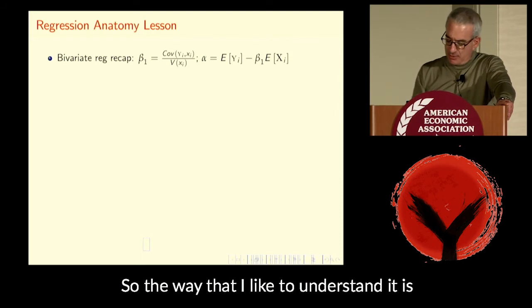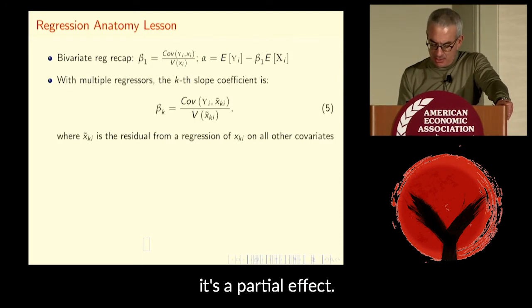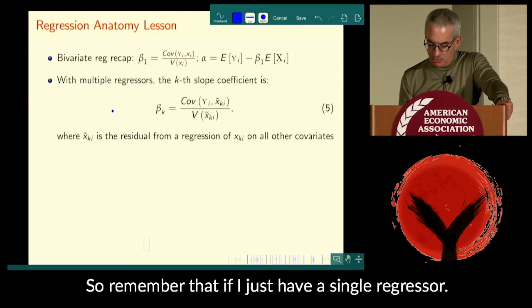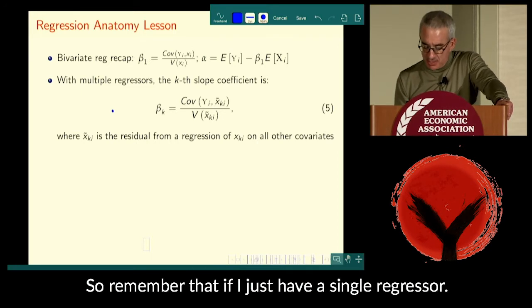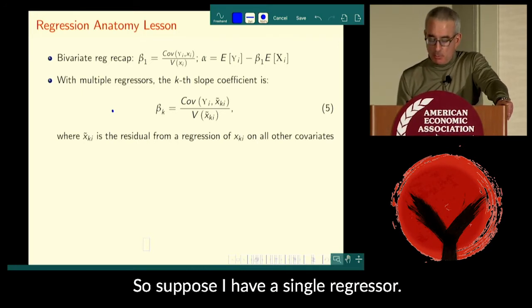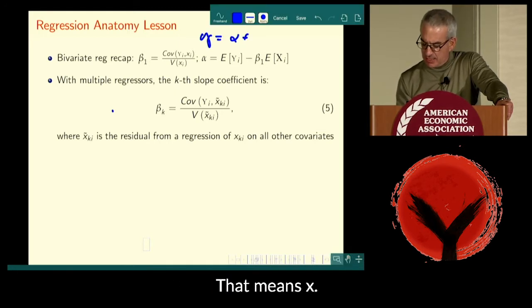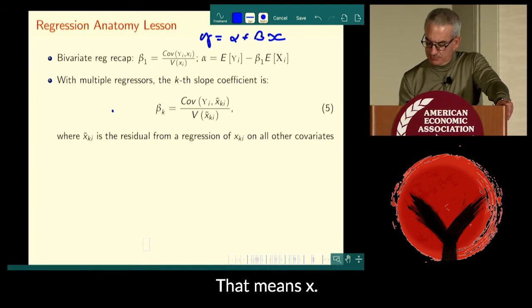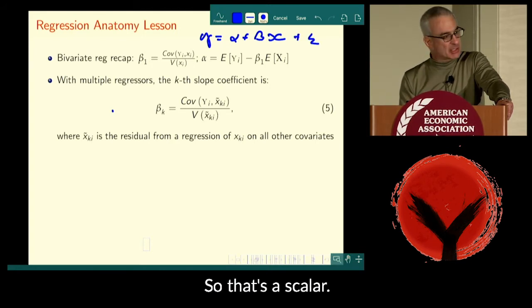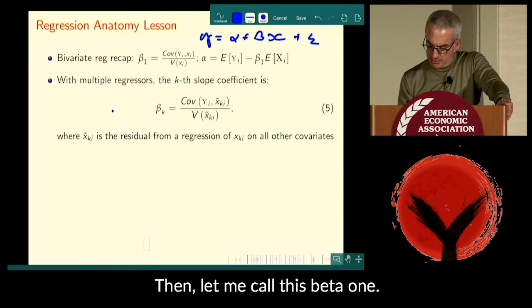The way that I like to understand it is as a partial effect. Remember that if I just have a single regressor, a model like this, alpha plus beta, I'll write it like that. That means lowercase x, so that's a scalar. Let me call this beta 1.